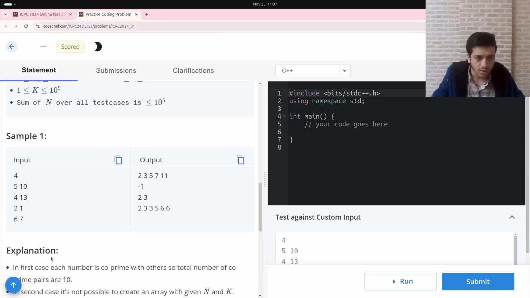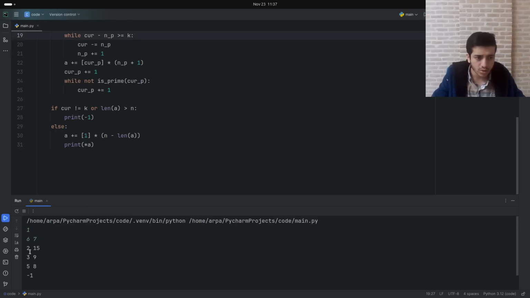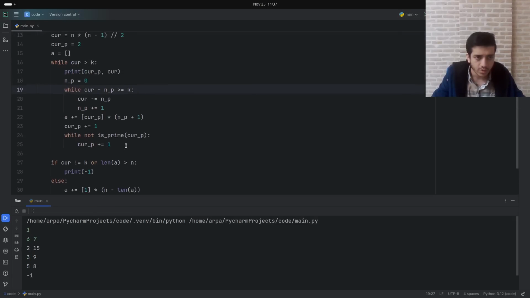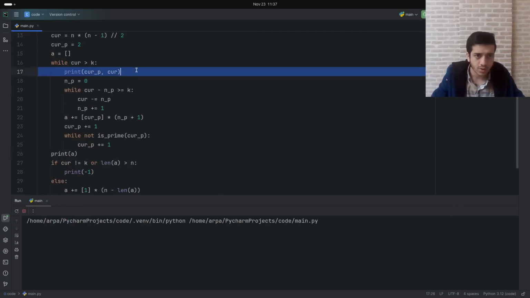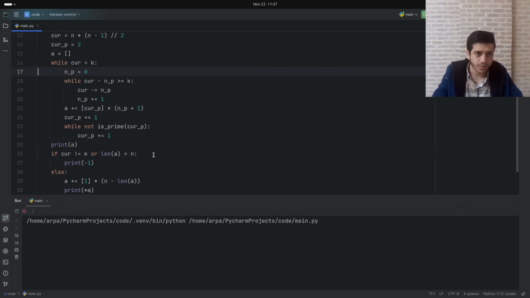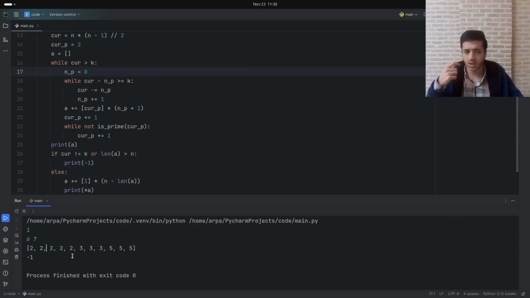Why? Because it tries to fill it with some 2, 3, and 5. Let me ask it to print A instead of this. 1, 6, 7. Oh, that is super long. Okay, at the beginning we want to decrease it by 8.